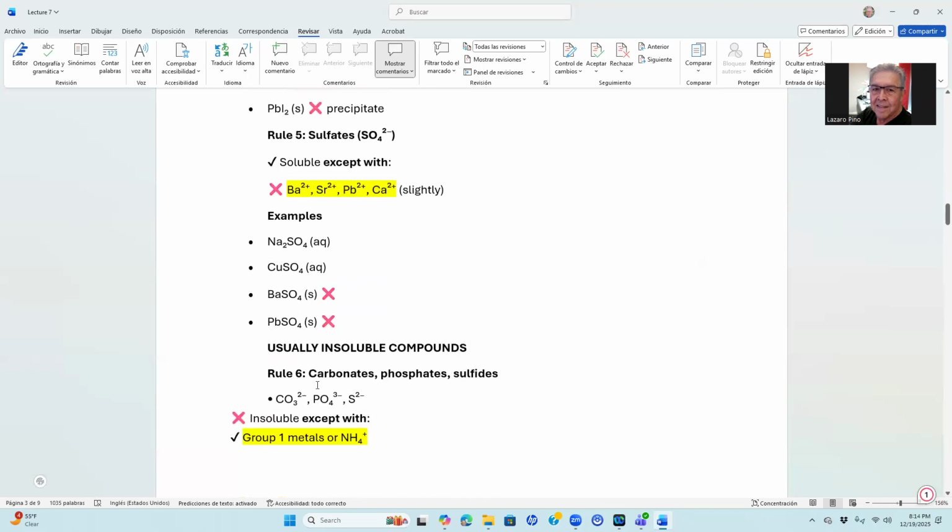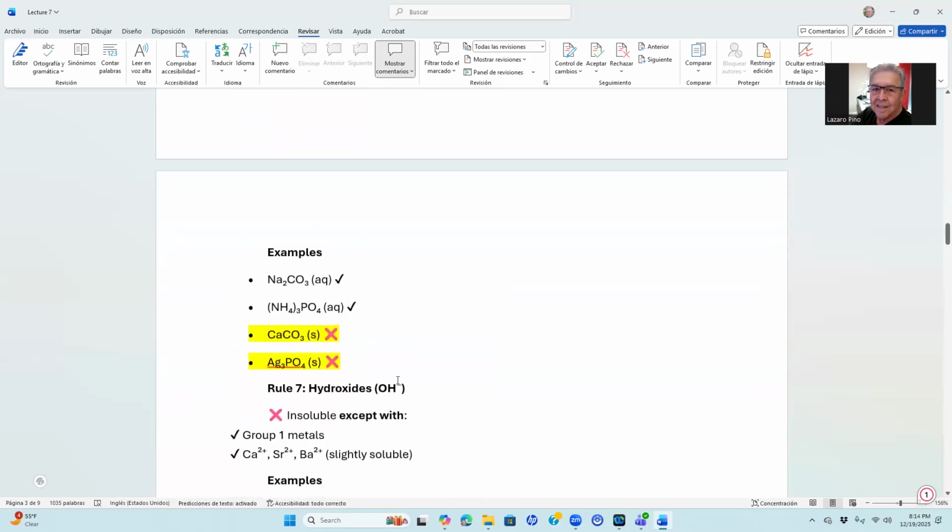Usually insoluble are the carbonates, the phosphates, and the sulfides, except if the cation is from group 1 or is ammonium. But look at this: with calcium and with silver, calcium carbonate and silver phosphate are not soluble.